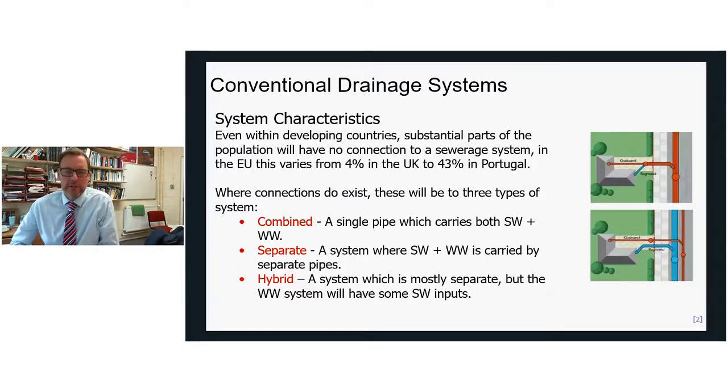Now, the third kind of system is a hybrid system, and this is a system which is mostly separate, but the foul network has some surface water inflows. Sometimes this is because it's expected that some of the surface water flows will be contaminated, so should go to treatment. Other times it can be because some surface water flows do flush the pipe out to a certain extent. And other times it will just be because that was the best solution at the time.